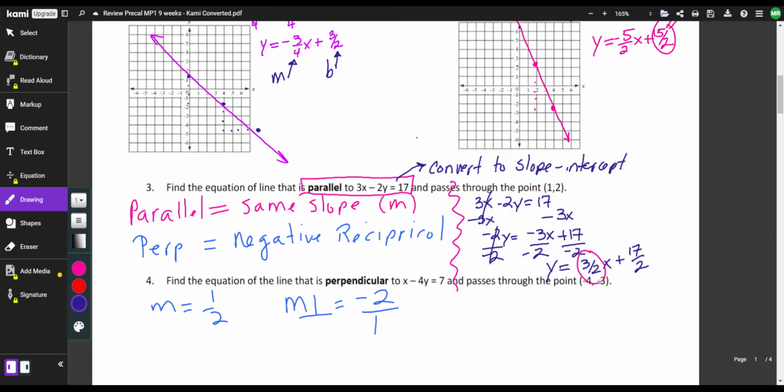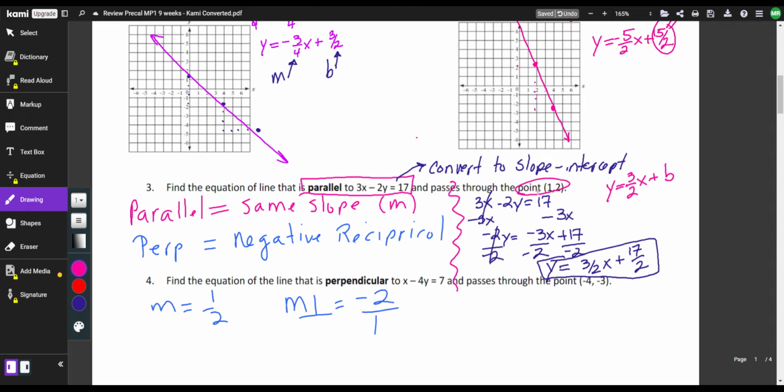Okay, so I think so far you guys probably should understand that, right? If I know the line is going to be parallel, it has to have the same slope. So my new line has to have the same slope of 3/2, but we don't know what b is going to be. We don't know what our y-intercept is going to be.